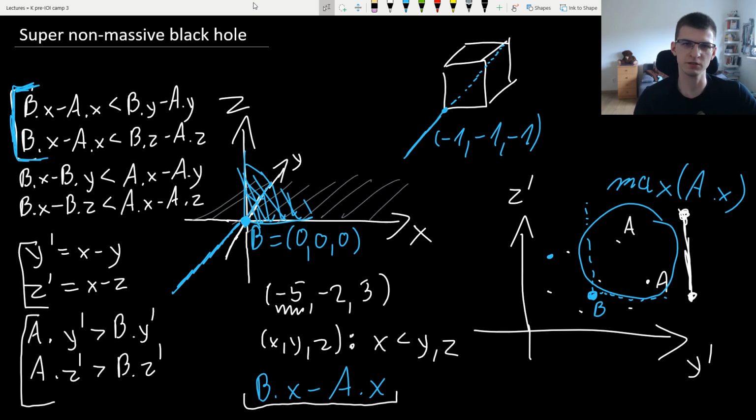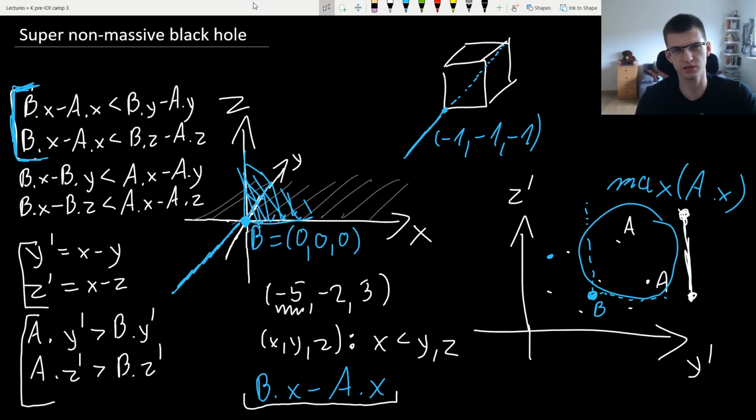The complexity that we have here at the end is just 3 times n log n for sorting by some coordinate, z prime and y prime, and using segment trees. We don't have binary search. For every point B, we just compute that minimum shift. And remember that all the coordinates, the y prime and z prime that we computed, by which we need to sort and also build a segment tree over values z prime, this should be compressed, obviously, to interval 1 to n.